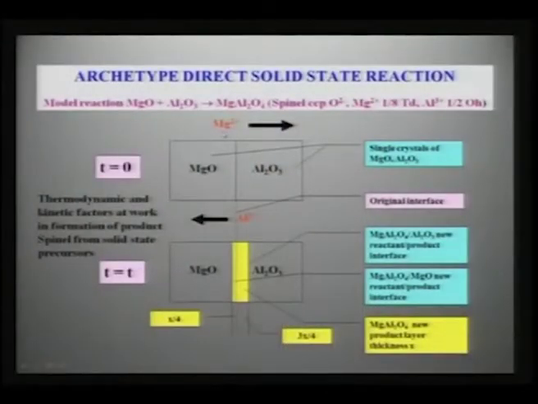Magnesium has to travel from this interface, this region, into the interface along this direction, and Al3+ has to travel in this direction. So as this diffusion is happening, you will see progressively at the interface a product forming, and this is initially the original interface at time t0, and once you start heating it you see this yellow patch that is forming, which is nothing but your spinel phase, and this yellow phase is the MgAl2O4 new product layer.